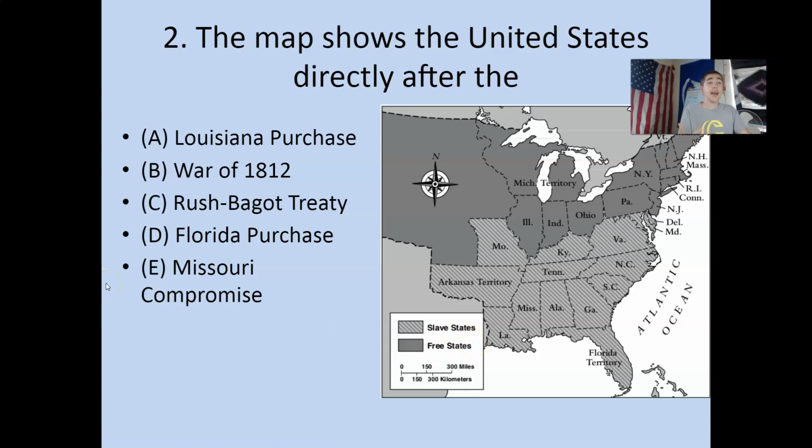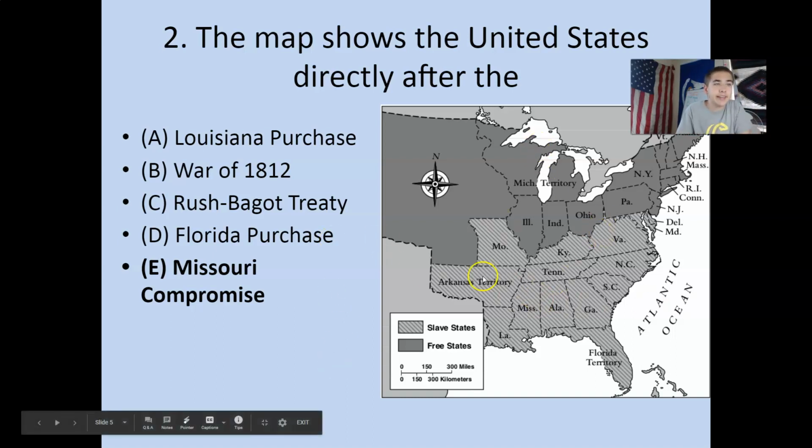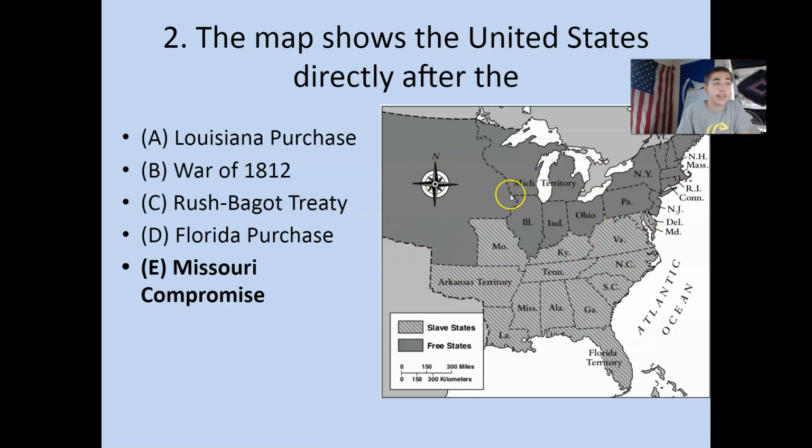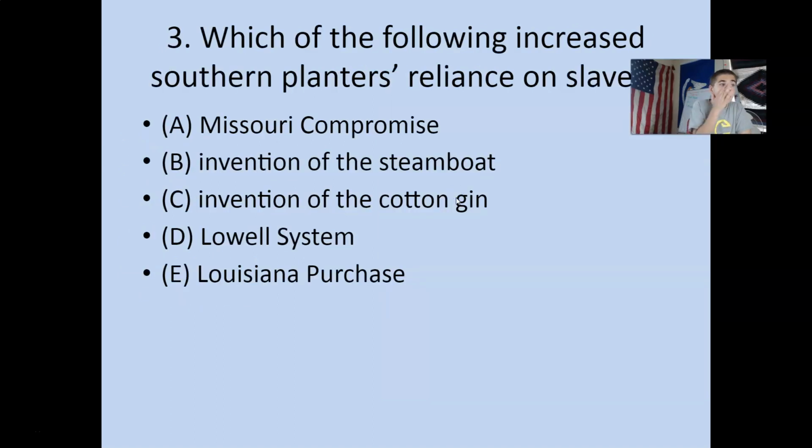So we are definitely talking about the antebellum period right now, and this map clearly shows E, the Missouri Compromise, the split between slave states and free states right here, with Missouri being there.